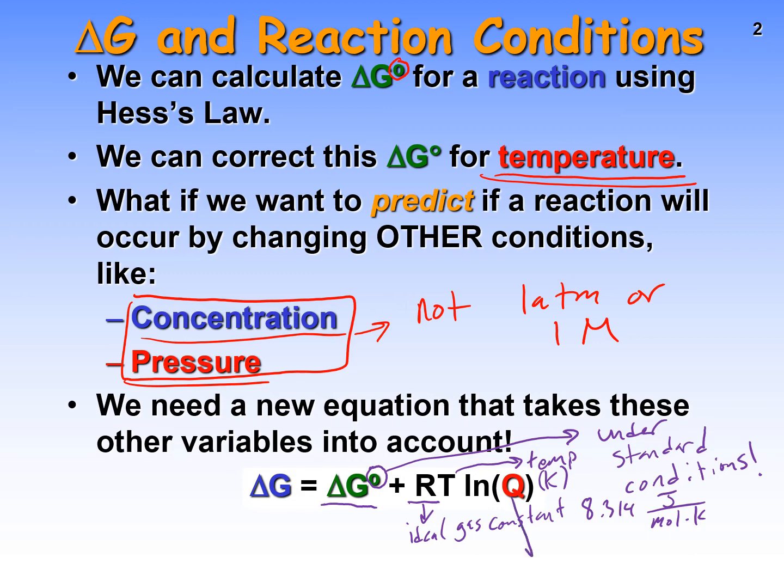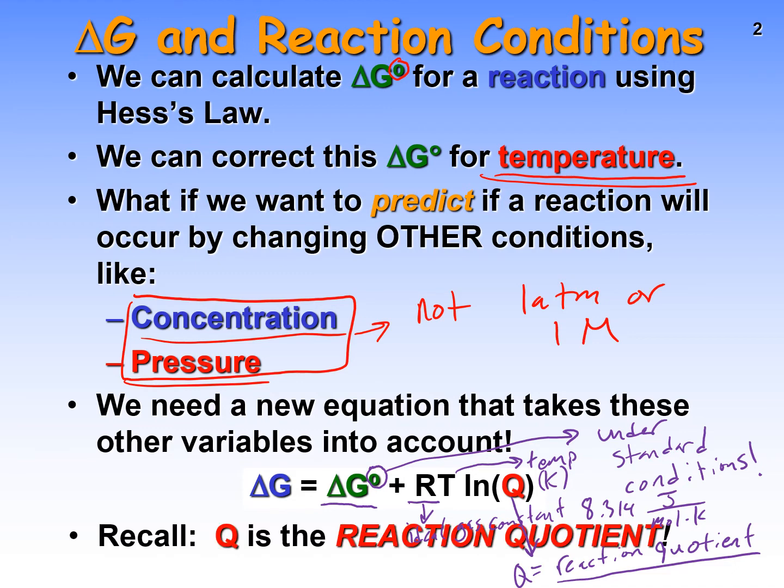And this here is Q, which we learned in chapter 14 is our reaction quotient. This was the thing we compare to K and all that. Now it's in an actual equation. So these are all of our parts, and this is what we'd need to do to calculate delta G.